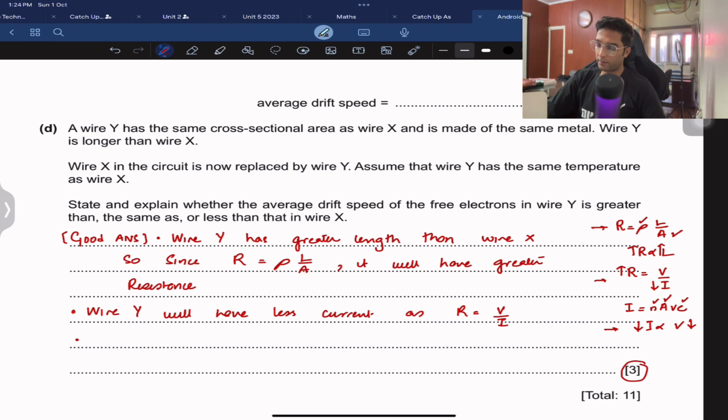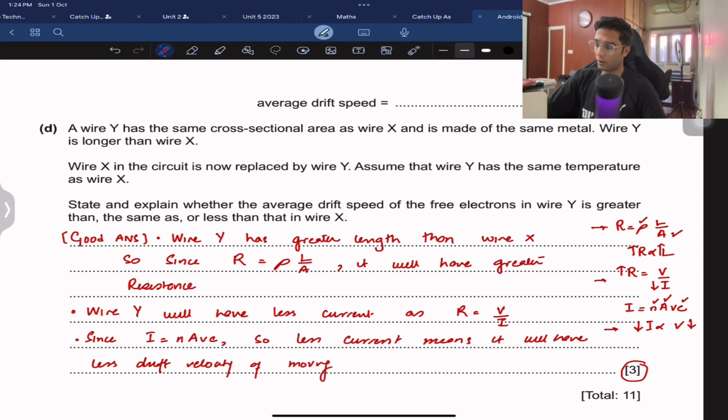Then I'm going to say, since I is equal to nAve, so less current means it will have less drift velocity of moving charges.